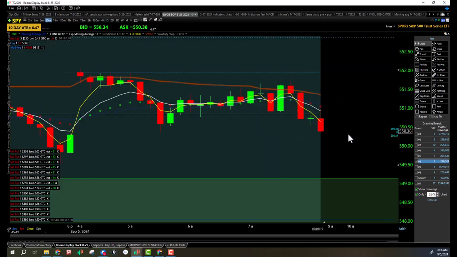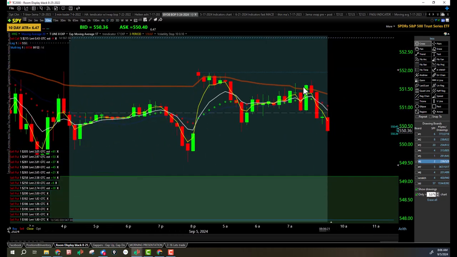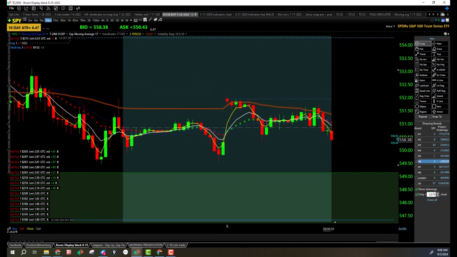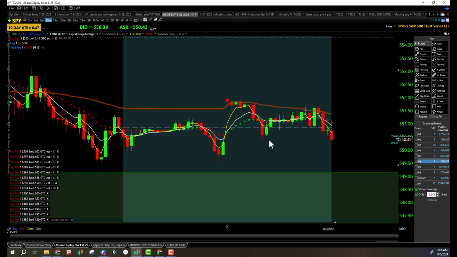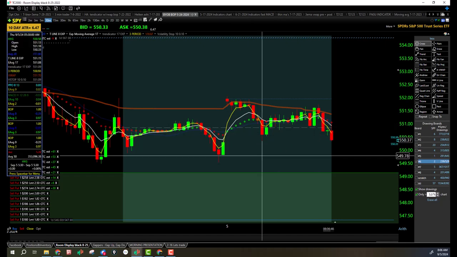Okay, you can see we now have red wiped out green right there. That would have been an entry. Red wiped out green right here. That would have been an entry right there or right there. Next entry right here. Red erases green below 549.80. Okay, so these are our entries right there, there, and there.